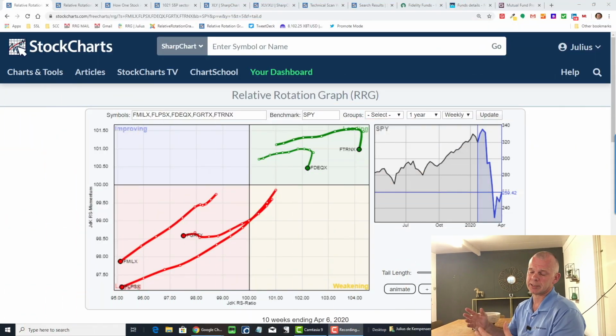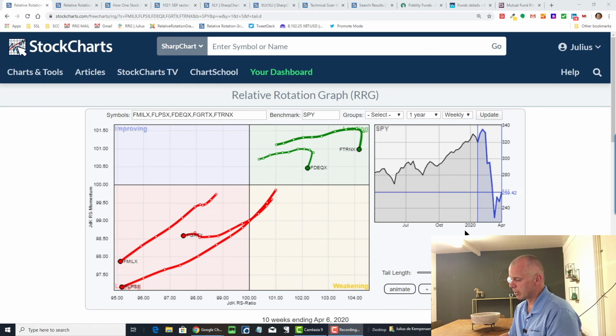So I'll use some Fidelity funds in this example, but you can do it for Invesco, for Wellington, for Vanguard, for State Street, any mutual fund provider, doesn't really matter. As long as you've got the price series and a ticker symbol, you can stick it into an RRG.